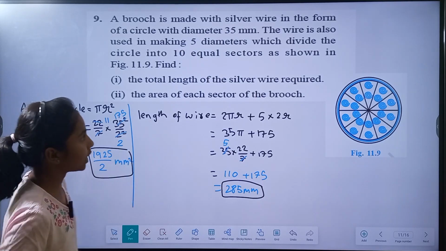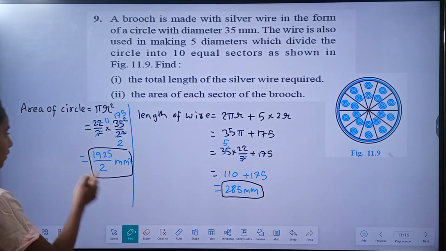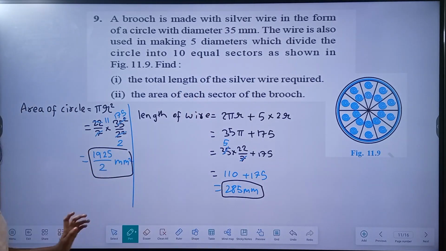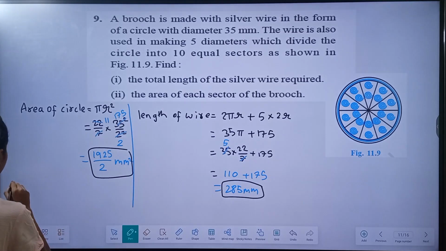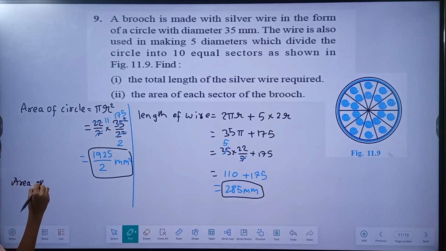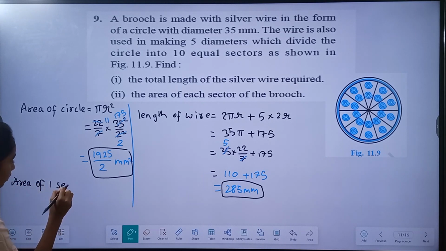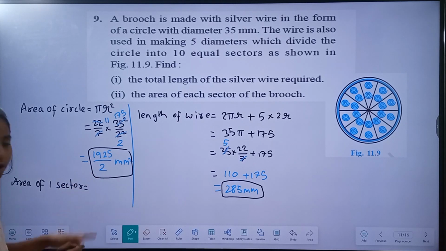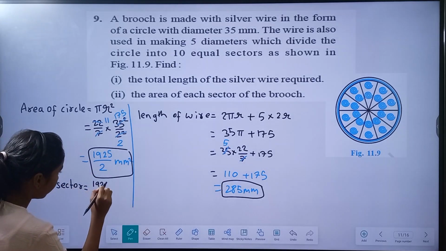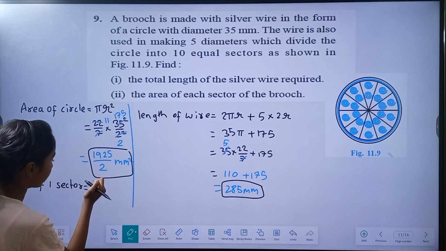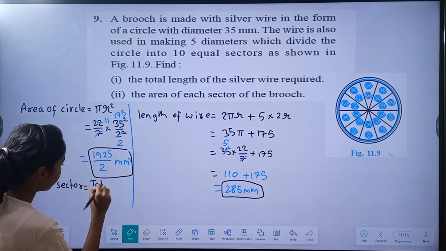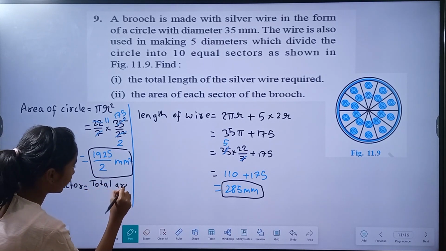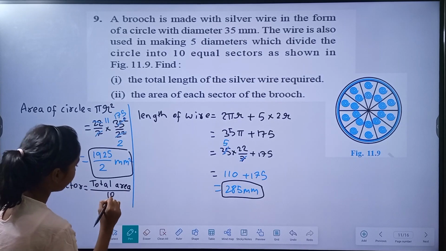Okay, and now they're asking each sector. For each sector, which means this whole part divided by 10. The area of one sector equals 1925 by 2 whole by 10, total area by 10.